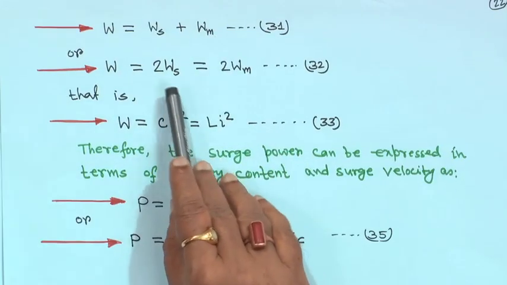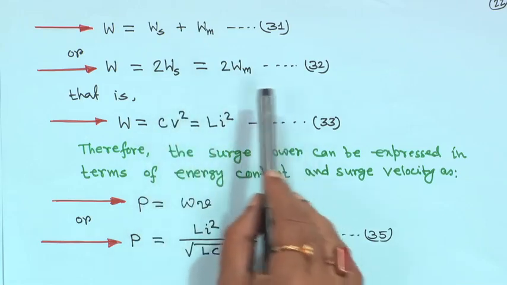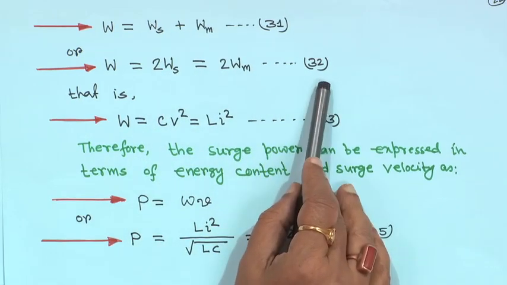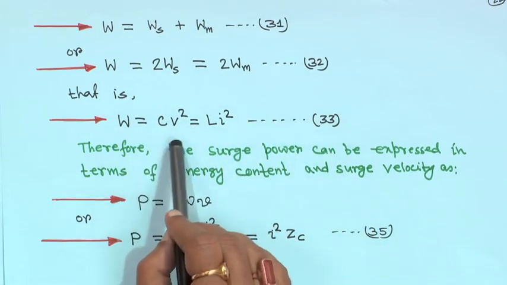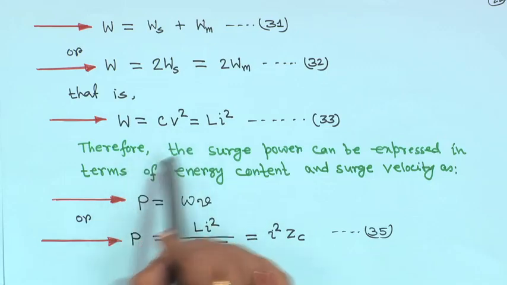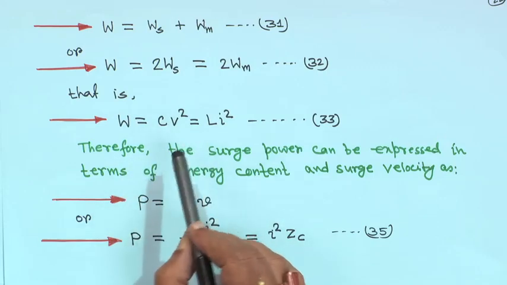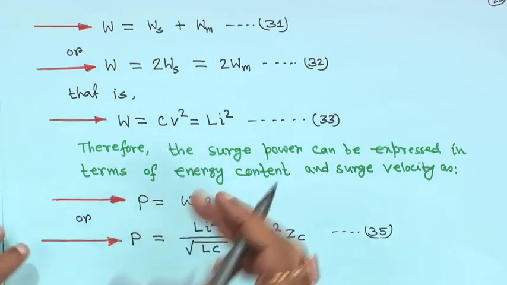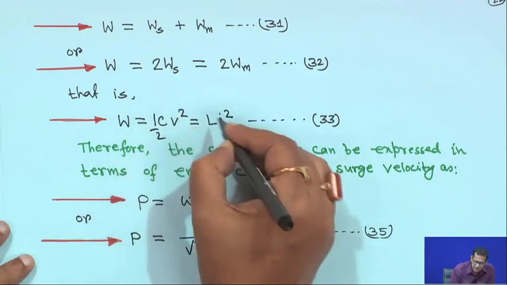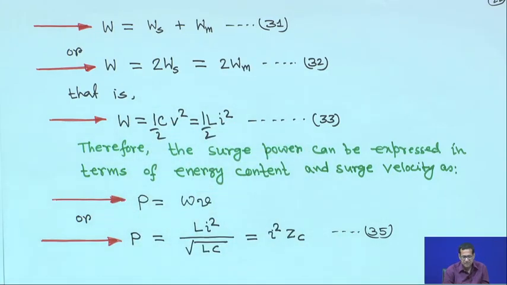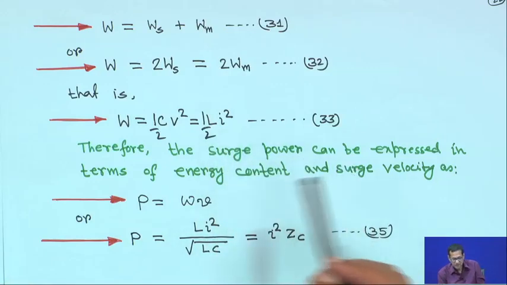So we can write either W is equal to 2 Ws or W is equal to 2 Wm. This is equation 32. Now, since both are equal, half Cv square is equal to half Li square. If it is so, you can find out the surge impedance, right.